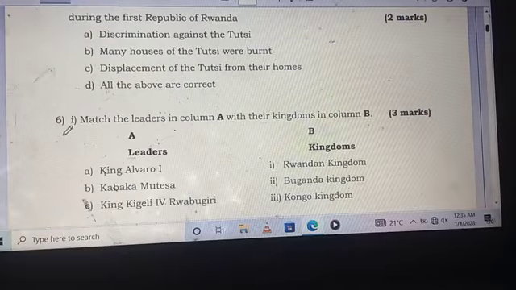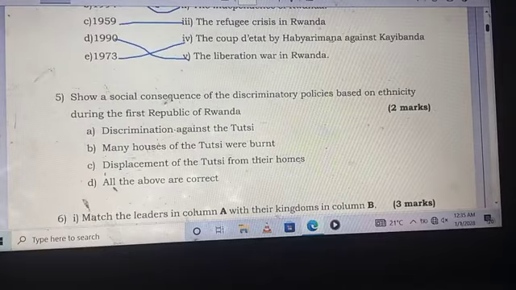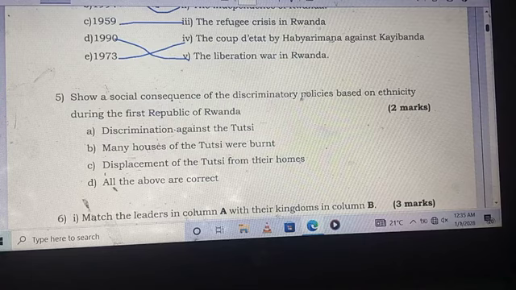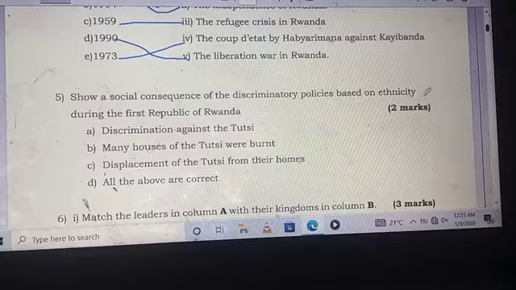5. Show the social consequences of discriminatory policy based on ethnicity during the First Republic of Rwanda.